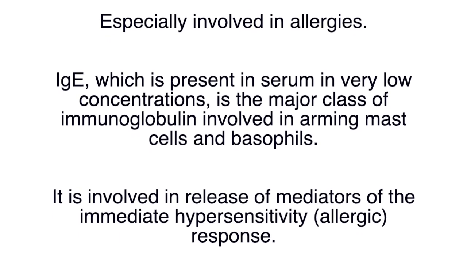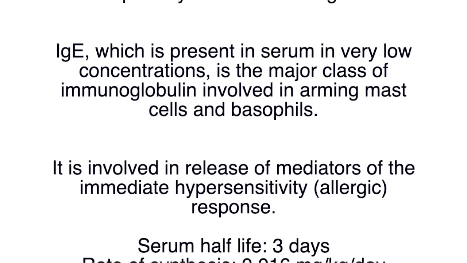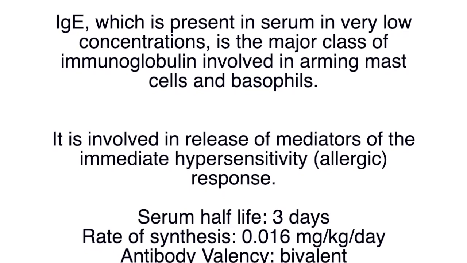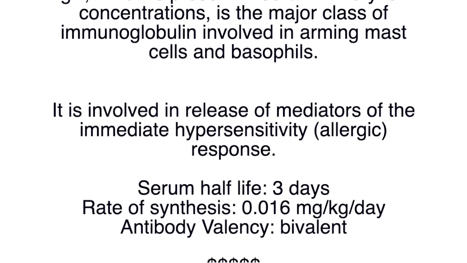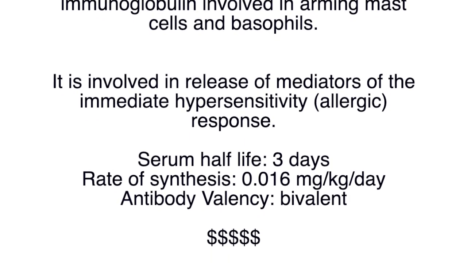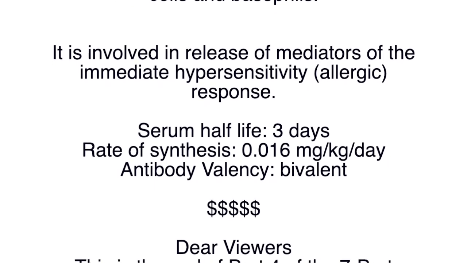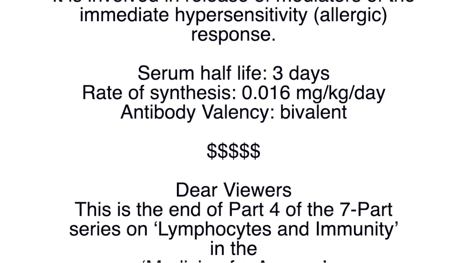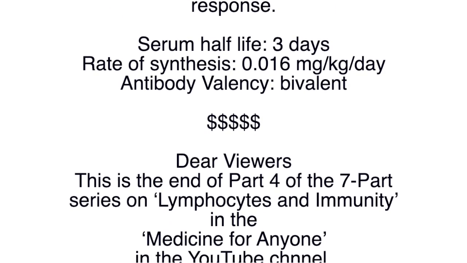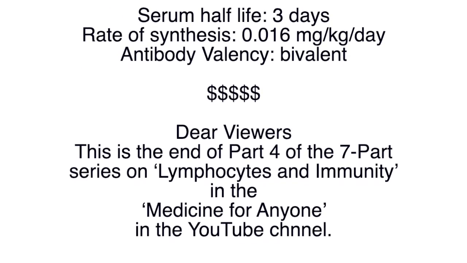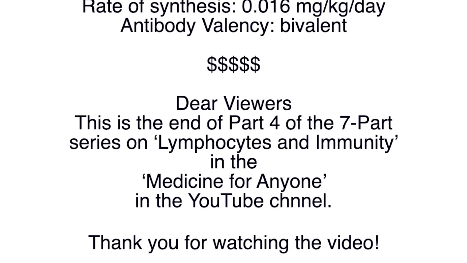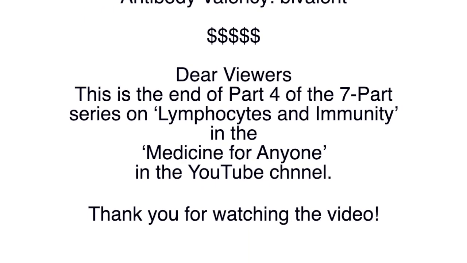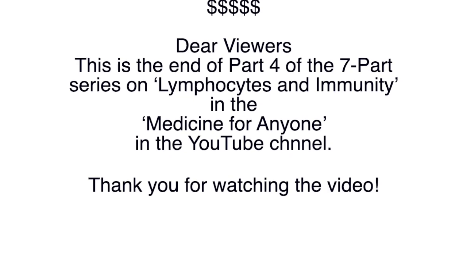IgE, which is present in serum in very low concentrations, is the major class of immunoglobulin involved in arming mast cells and basophils. It is involved in release of mediators of immediate hypersensitivity, that is, the allergic response. Serum half-life 3 days, rate of synthesis 0.016 mg per kilogram per day, antibody valency bivalent.